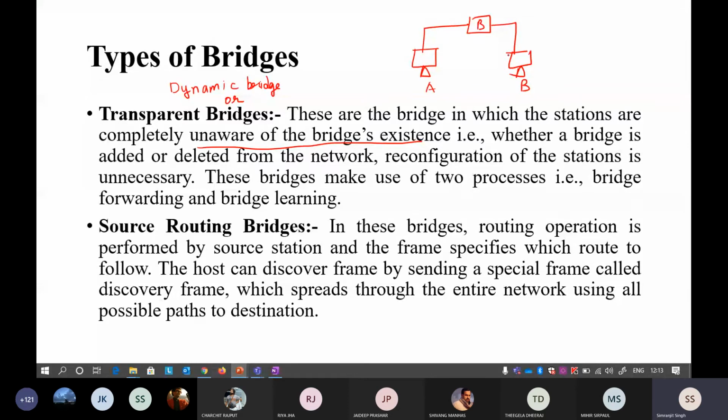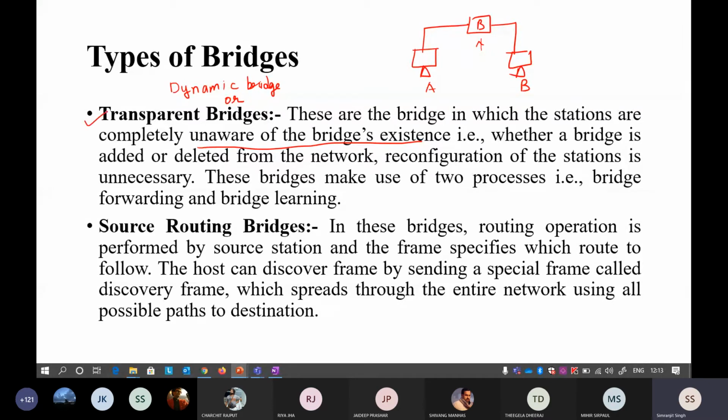Because of this, in transparent bridges, there is also one problem that arises. That problem was solved by an algorithm, the spanning tree algorithm, which is in your data structures and algorithms course, so I will not talk about it here.